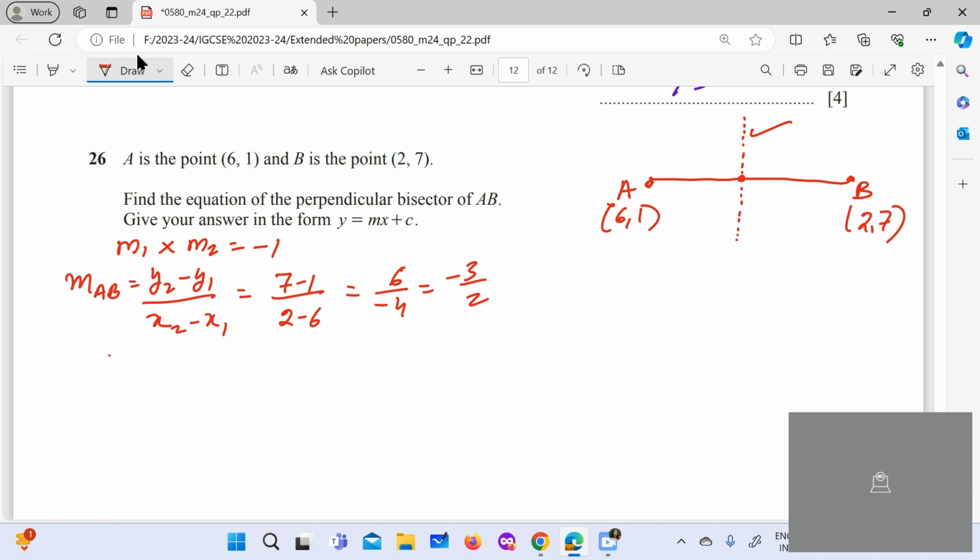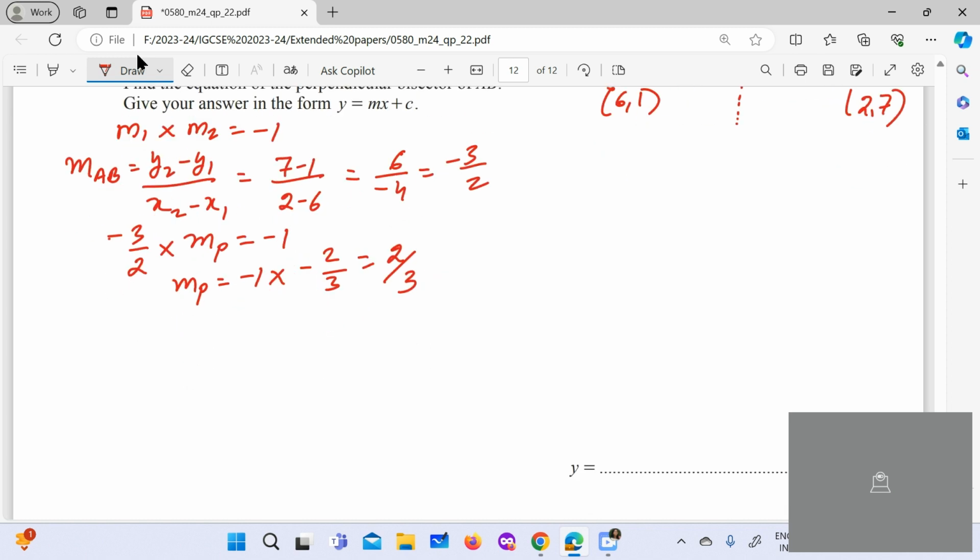So we will write -3 over 2 times the gradient of the perpendicular line is equal to -1, because this is the condition. So the gradient of the perpendicular line will be -1 times -2 over 3, that will be 2 over 3.